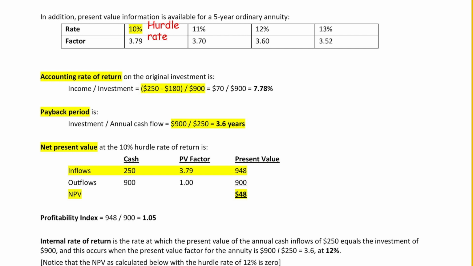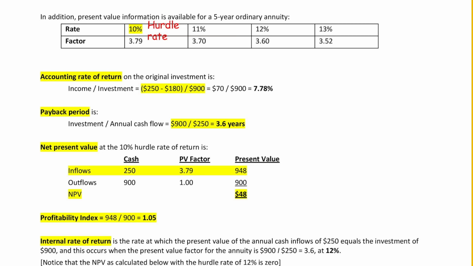Next, highlight profitability index. So that is the present value of cash inflows divided by the investment amount. So highlight $948 divided by $900 gives us 1.05. And then we have the calculation for, highlight, internal rate of return. Now this is the rate at which the present value of the annual cash inflows of $250 equals the investment of $900.